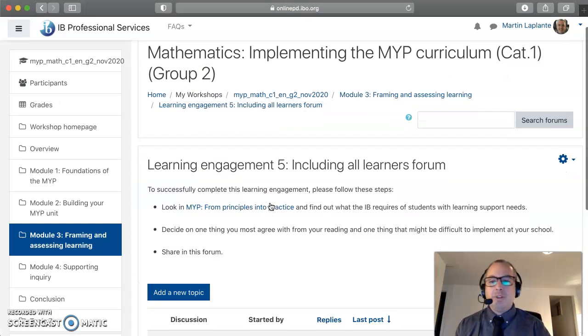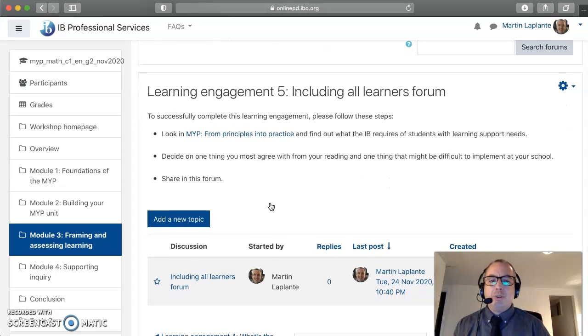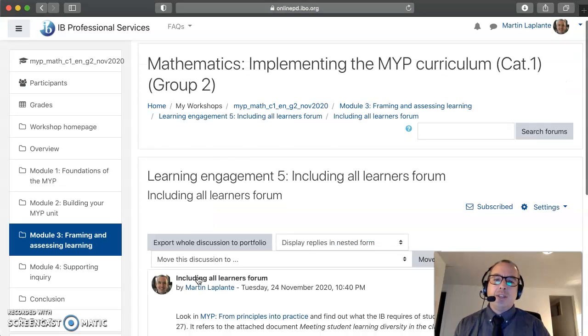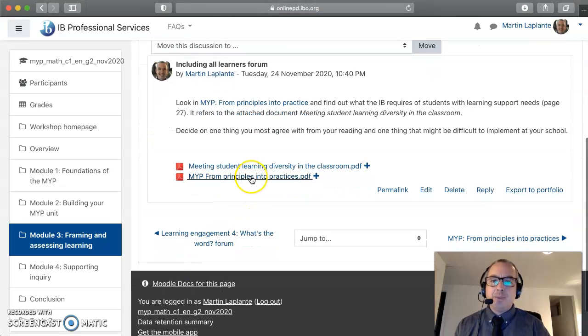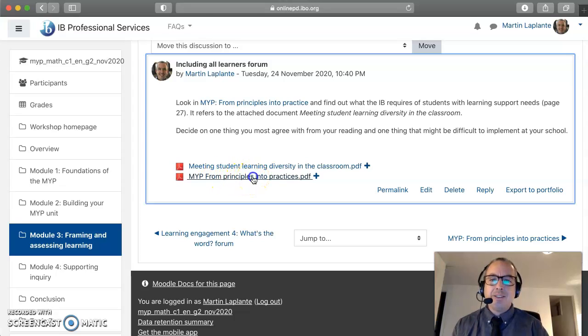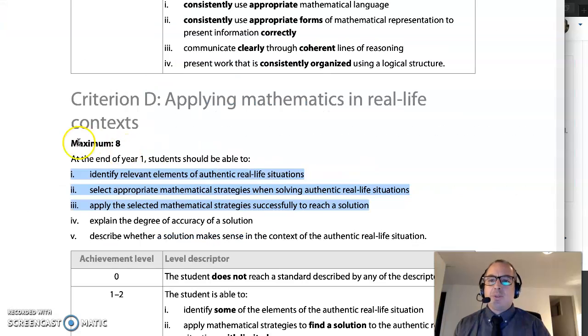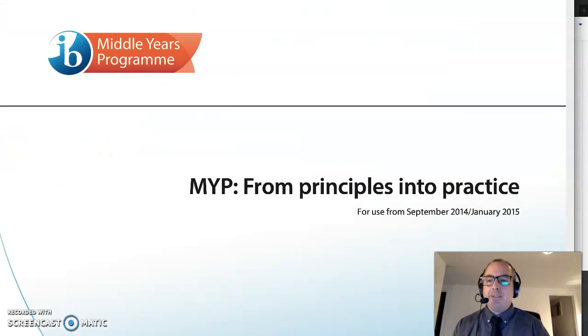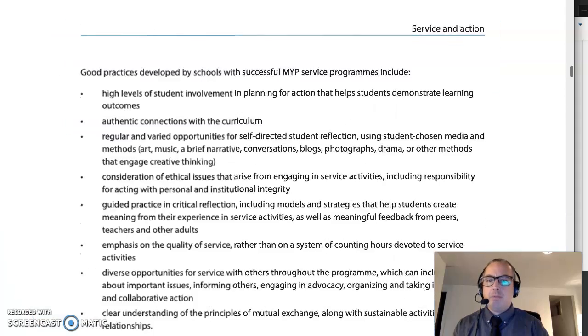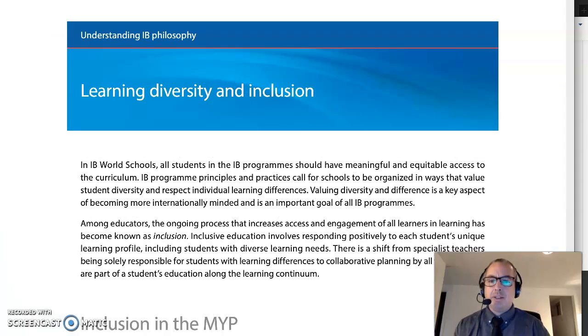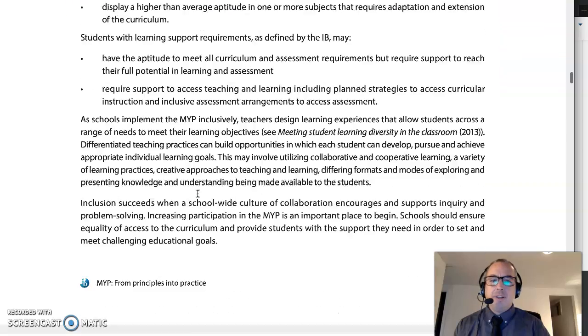I know that many of you have shown an interest in differentiation. What I could tell you is, I think it's page 27 of the MYP From Principles into Practice guide. I'm just trying to take a quick look at page 27, if I remember well. Okay, I might be mistaken here.